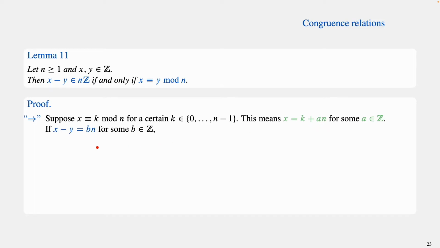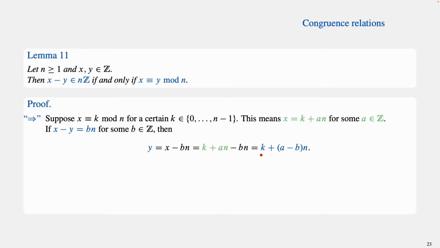Now the assumption we make for this direction is that x minus y is a multiple of n, so we can write x minus y equal to bn for some number b. And now we can first solve this for y, so we have y equal to x minus bn, and then we plug in this expression here for x, so we replace x by k plus an, but then we have k plus (a minus b) times n.